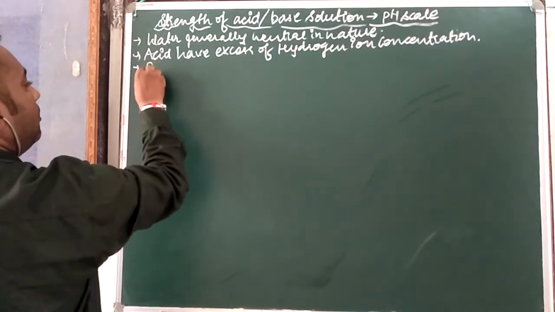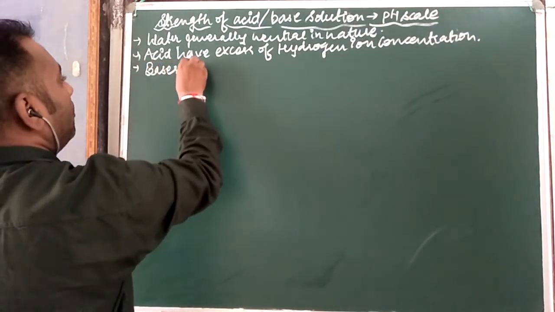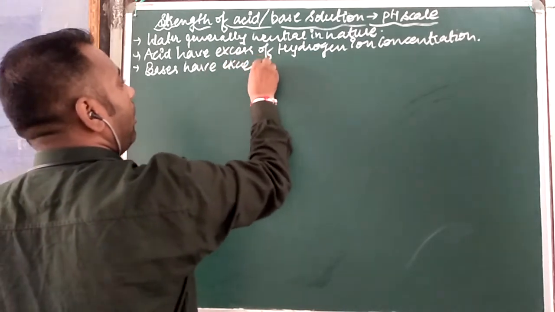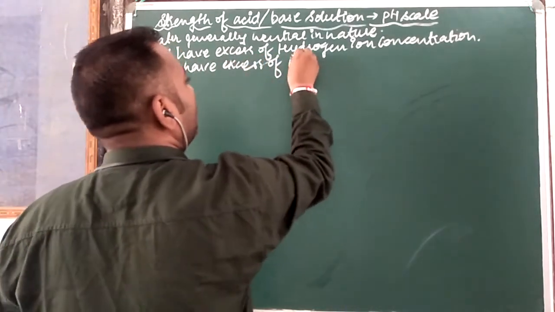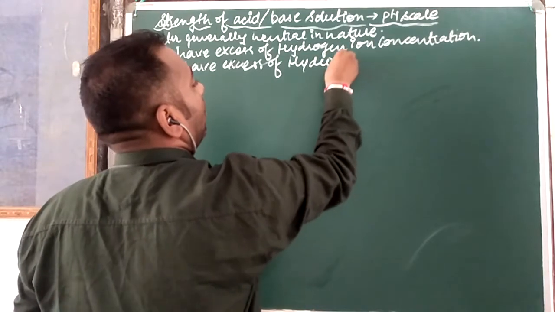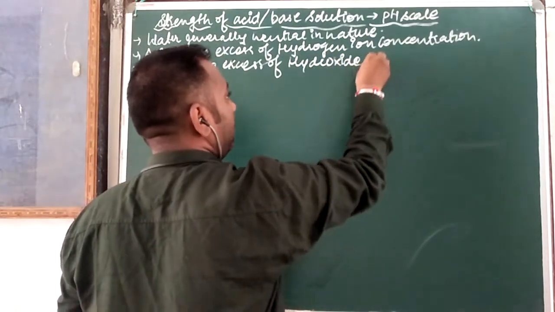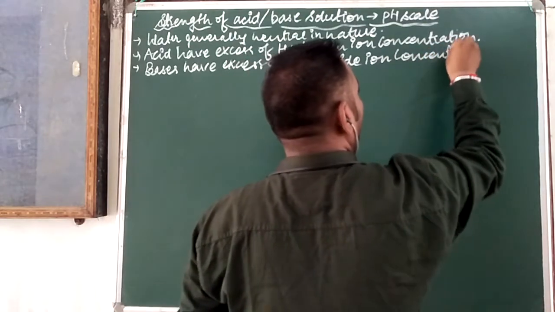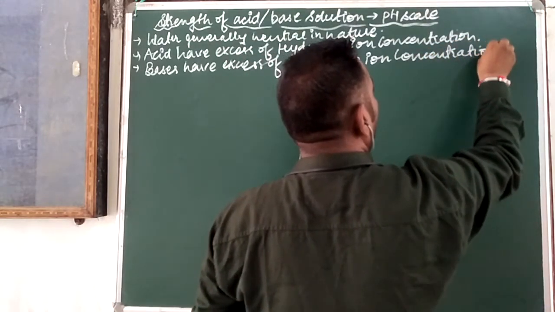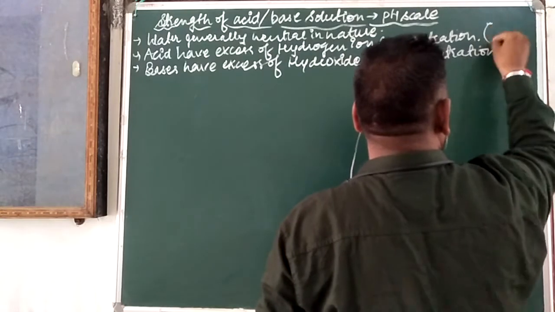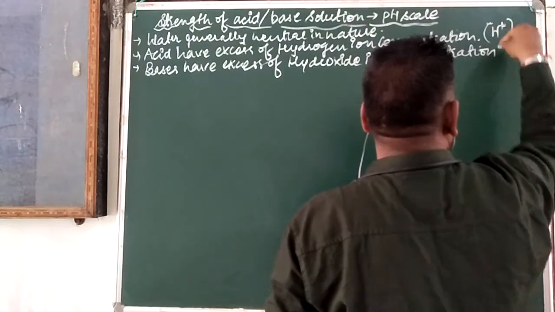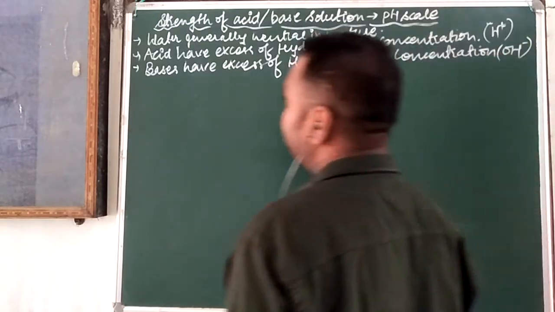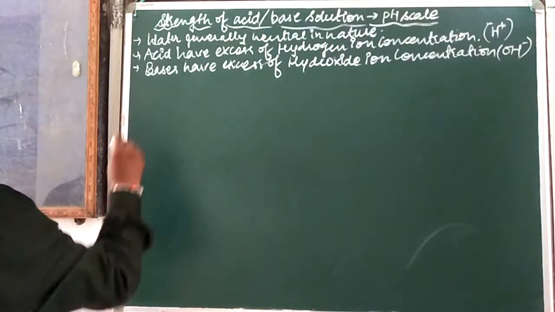Bases have an excess of hydroxide ion concentration. That means H plus and OH minus.